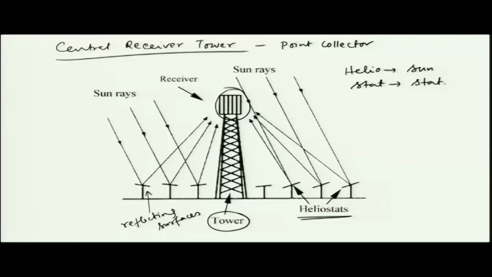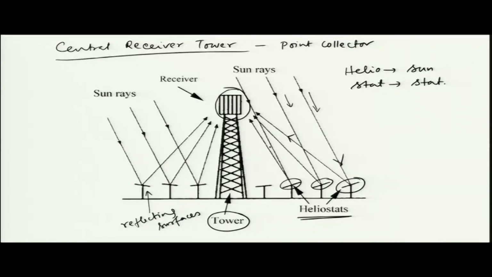So, from whichever direction the sun rays are coming, the reflectors are individually tracked. So, they ensure that whatever ray is falling on it, it is reflected back to a central point. Okay. That is how this central receiver tower works, and all of these are doing the same thing.